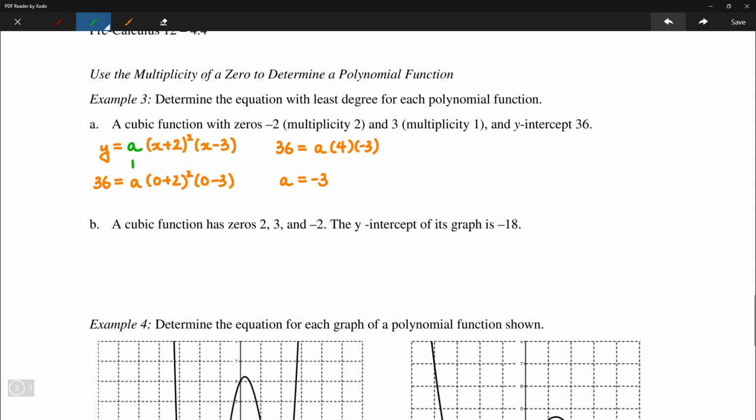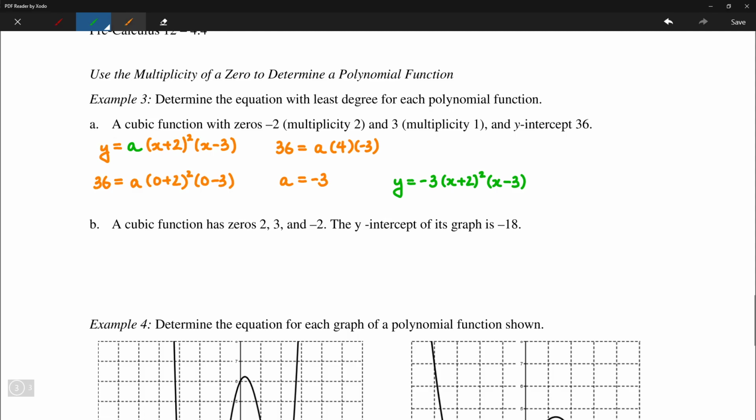All right, so once we put everything together, the final answer will be y equals -3, and then x plus 2 squared for the first zero, and then x minus 3 for the second zero. And of course, the -3 in the front of the expression ensures that the y-intercept is 36.